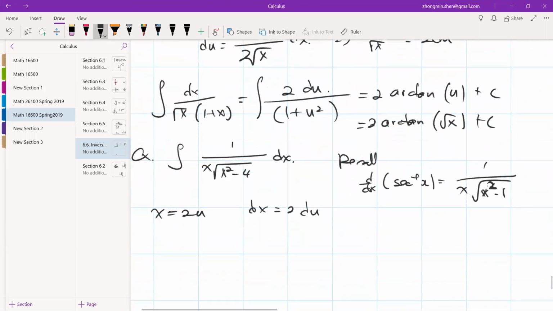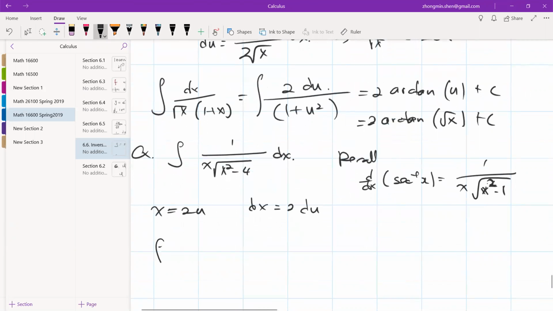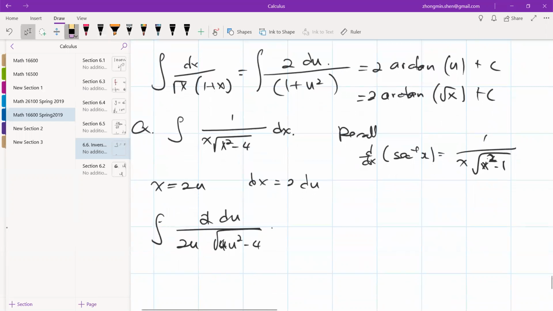Right? So the integral is going to be, x is 2u, here's 2u squared, so 4u squared minus 4, and dx is 2 du. So I take 2 out, x is 2u, so 2u here, and the dx is 2 du.